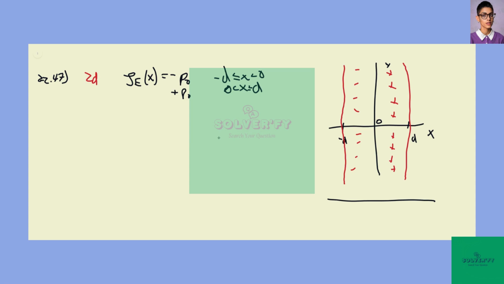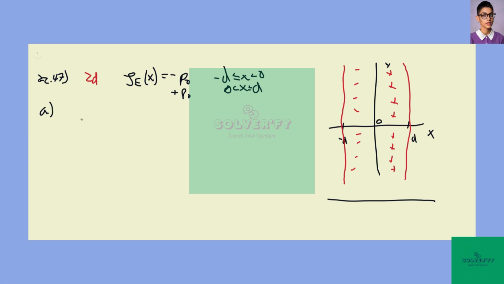Okay, so we now want to determine the electric field as a function of x in the regions outside the slab, in the left part or in the right part.